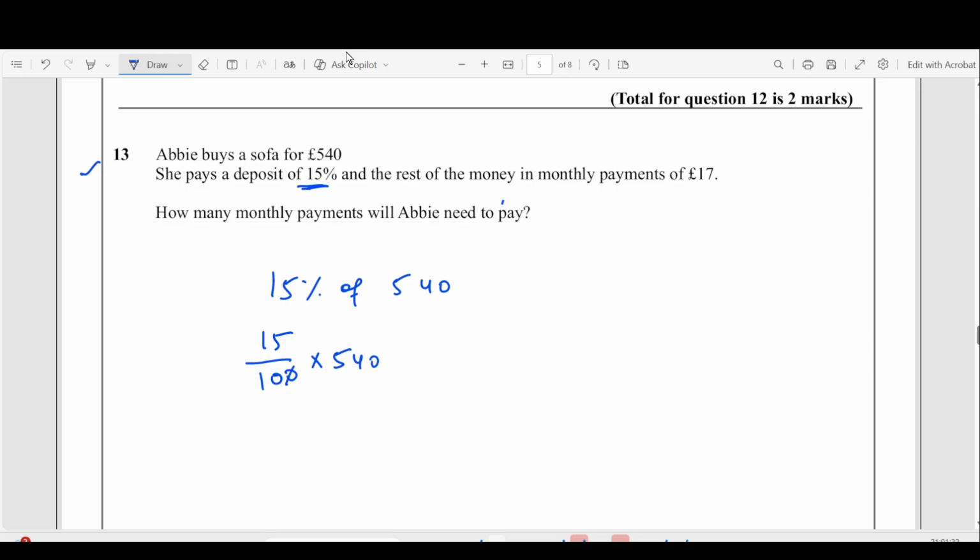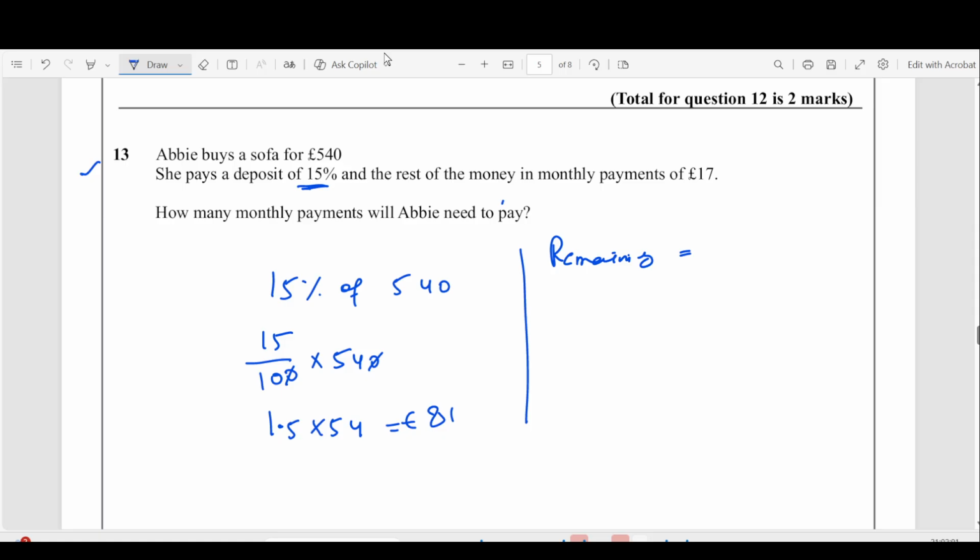We cancel this 0 with this 0, and 15 over 10 is 1.5. We times it with 54, which is 81 pounds. Now, to calculate the remaining balance, we subtract the deposit from the total cost. The answer is 27 monthly payments.